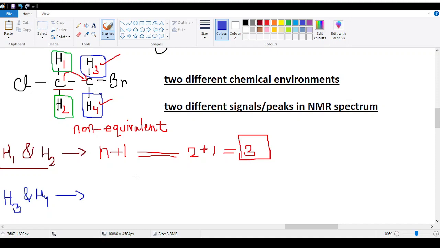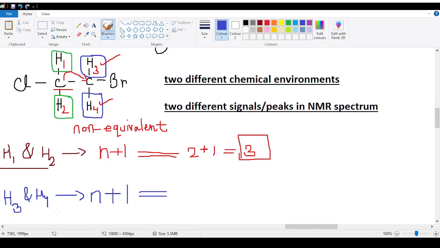Specifically, we look at neighboring hydrogen atoms. For hydrogen 3 and 4, the neighboring hydrogen atoms are 1 and 2. So it's opposite. When you considered hydrogen 1 and 2, the neighbors were 3 and 4. But now that I'm considering 3 and 4, the neighbors are 1 and 2.